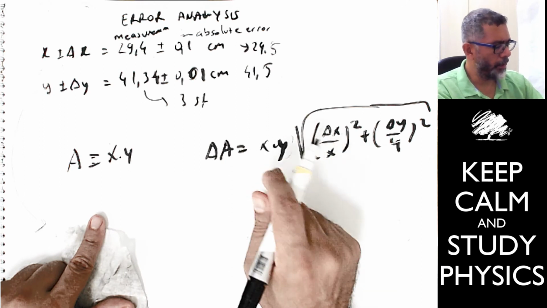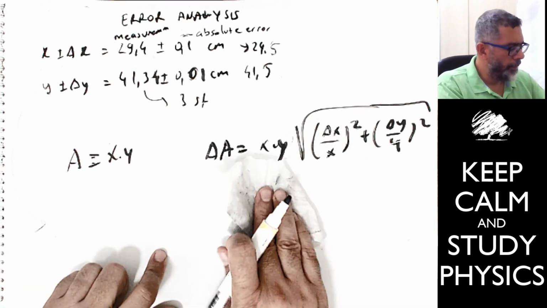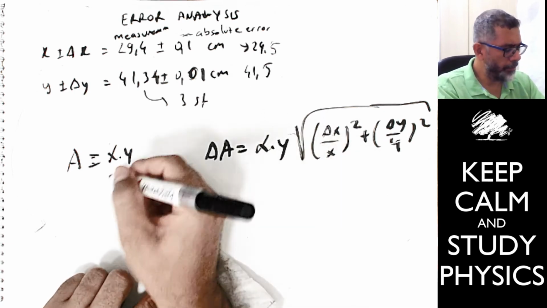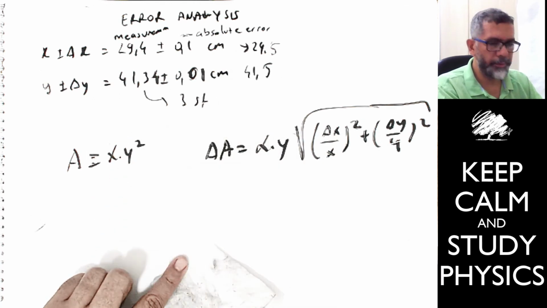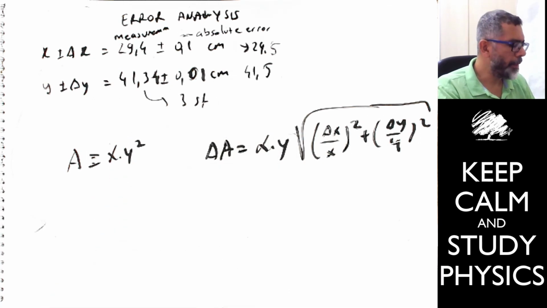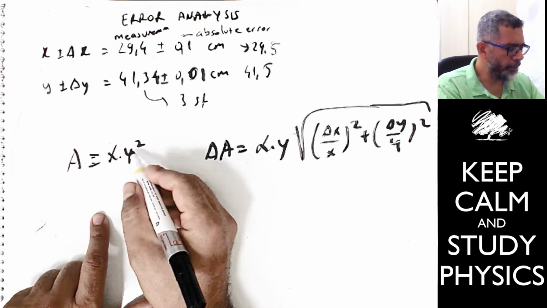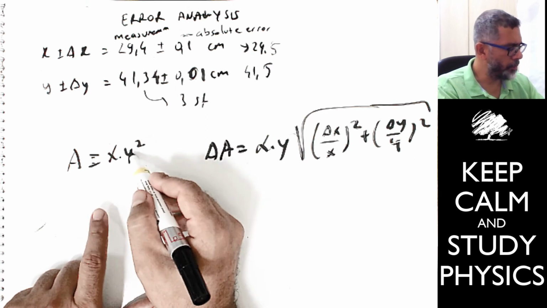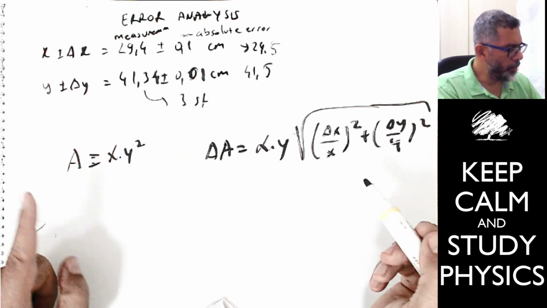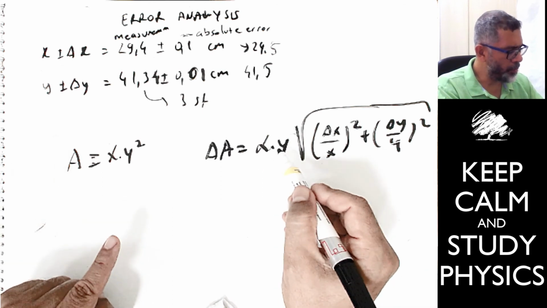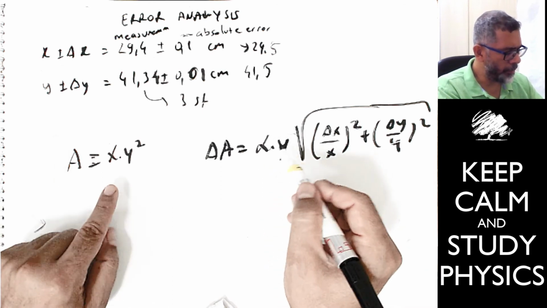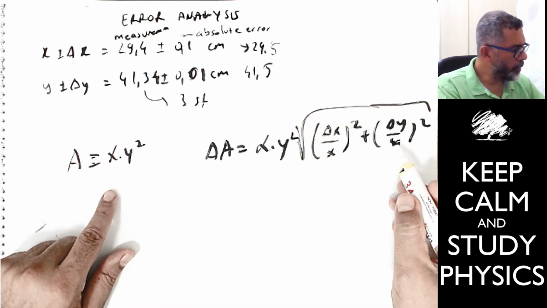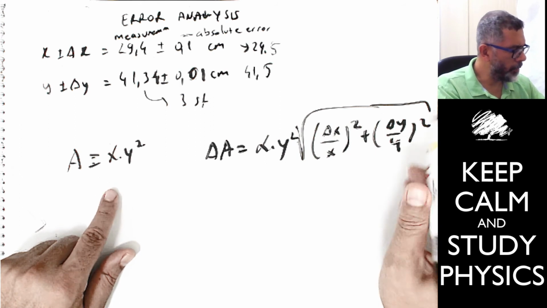Okay? All right. So I hope this is clear, but one important thing is what if you have x times y squared? If your multiplication terms have some power in them, in our case y has power 2. The only difference is that, of course, you always modify the factor part. The factor part is always a, and you modify this to x times y squared, and your squared part will be modified also.